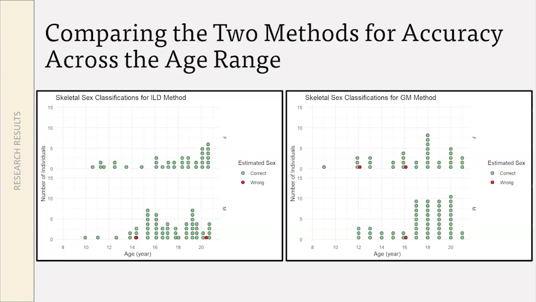The stepwise selected ILD method misclassified a 14-year-old and a 20-year-old male, while the GM method misclassified a 12 and 16-year-old female and a 16-year-old male. These misclassifications represent the expected degree of human variation that exists in pelvic size and shape, and the misclassifications occur across the included age range, and both males and females are being misclassified.